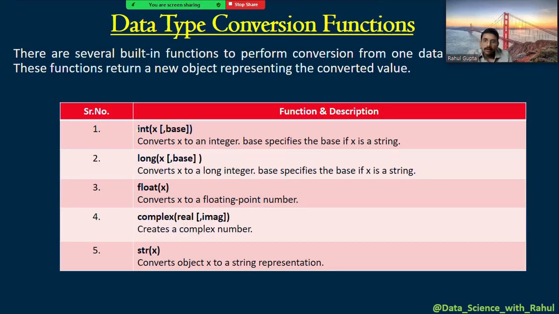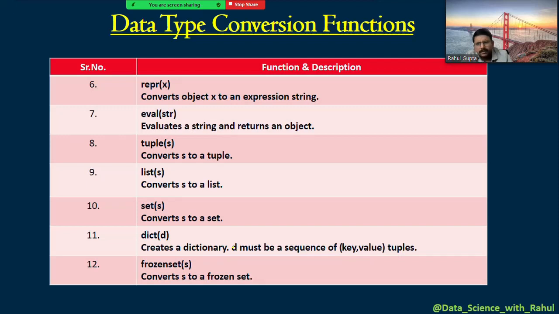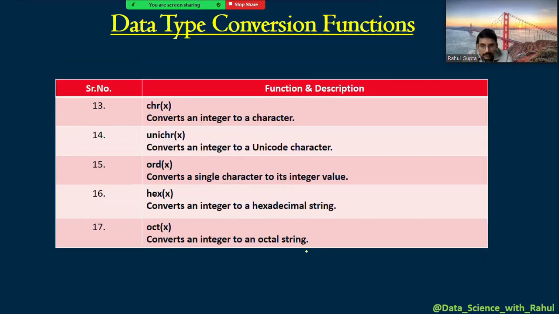We can convert to integer, long, float, x to floating point, we can create a complex number, convert to string, an object to an expression string, evaluate a string, convert to a tuple, a list, a set, create a dictionary, convert to a frozen set, convert an integer to Unicode, a single character to its integer value, hex value, oct value.